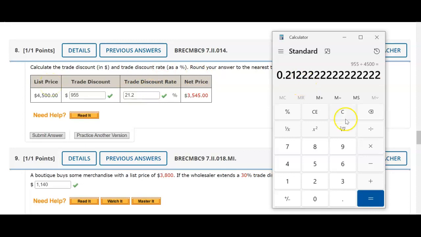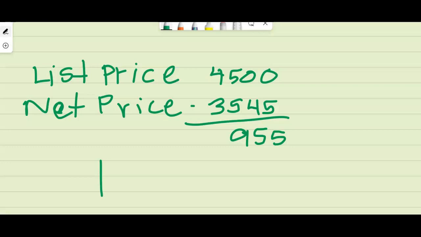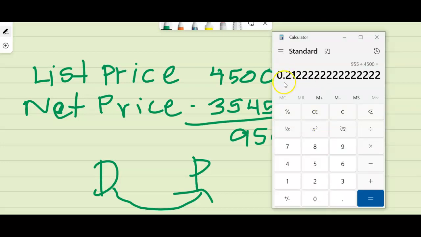Okay, and then remember my little saying, Dr. Pepper. If you're going from a decimal to a percent, you're going to move it 2 places to the right. So I can move that 2 places to the right, or you can multiply it by 100. So it gets bigger.